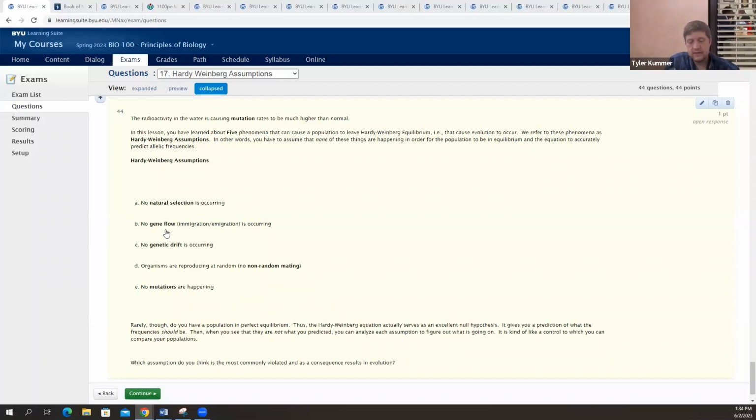Just by random chance, of those 40 alleles, instead of it being 50-50, maybe it was 55-45. It wasn't because that allele helped them survive better. Maybe it was just that a family that happened to have that allele were in the area where they were able to survive just by chance.